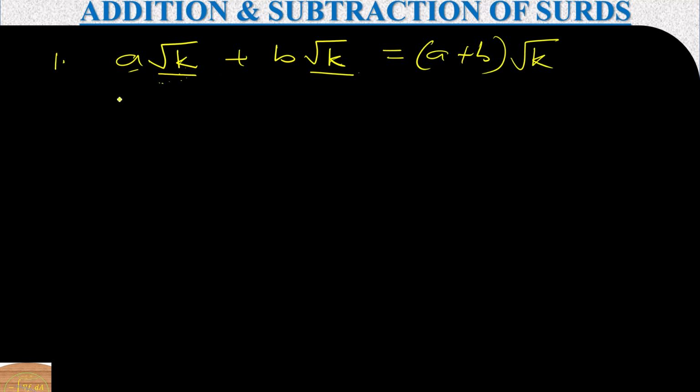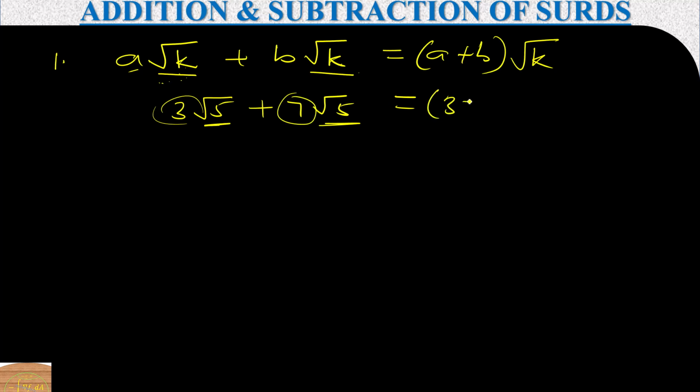In case we have, let's say, 3√5 plus 7√5, I'll just add the coefficients, so 3 plus 7 is 10. So we have 10√5.